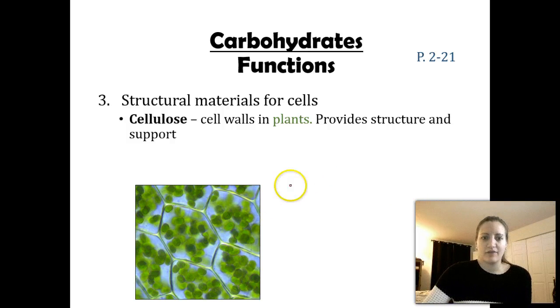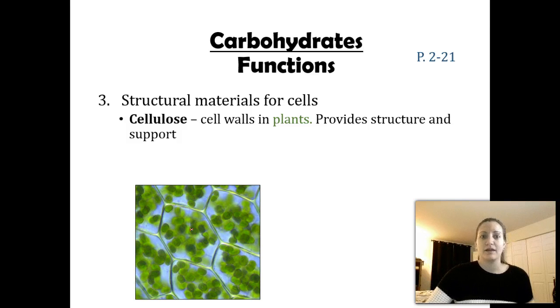So here we have a couple of different plant cells, and you can see these little green circles in the middle of these cells. These green circles are chloroplasts, and as you should know, the pigment that's inside of these is chlorophyll. Chlorophyll is giving it that green color. Now plants, some of them grow really tall, so they need to be very sturdy.